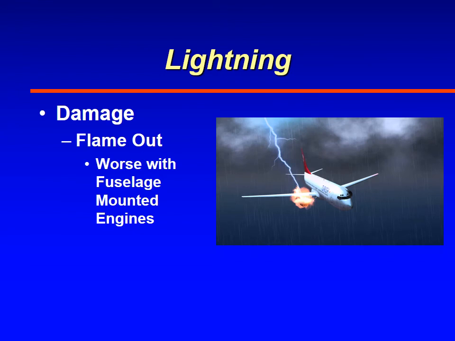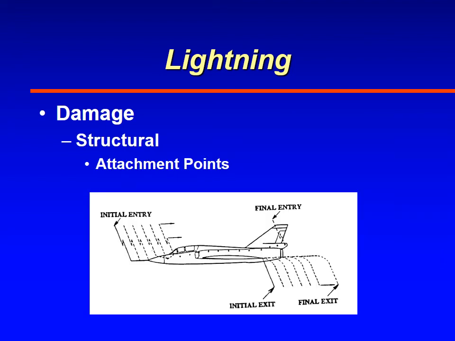And then other things that can happen, we talked about flame out. When you get struck by lightning up the tail, then that'll disrupt the flow of air around the engine and cause a compressor stall, and the airplane or the engine will flame out. This is more of a problem with airplanes that have fuselage mounted engines.